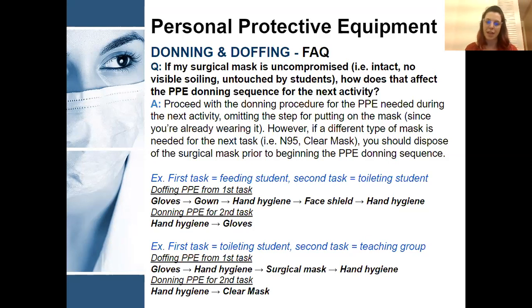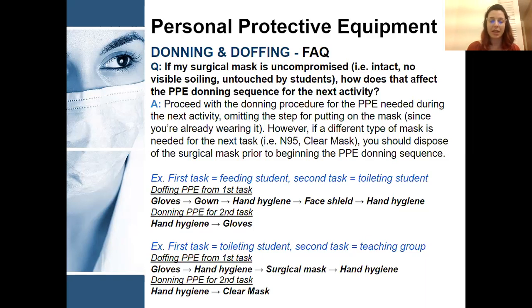Whereas if your first task is toileting a student and your second task might be teaching a group, the doffing PPE sequence from the first task is to remove your gloves, perform your hand hygiene, remove your surgical mask if appropriate for the situation, and perform hand hygiene again.